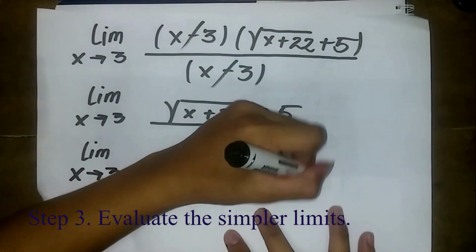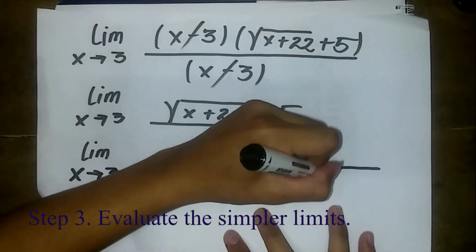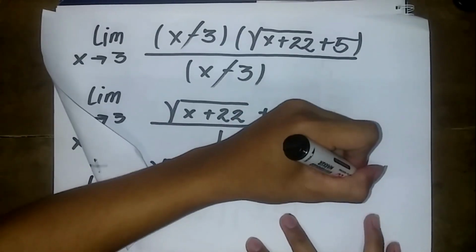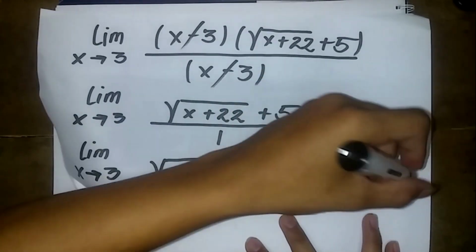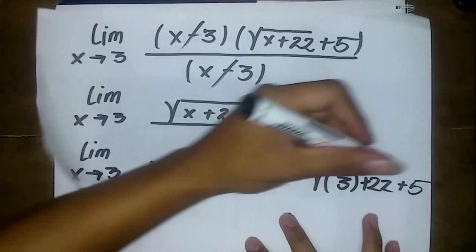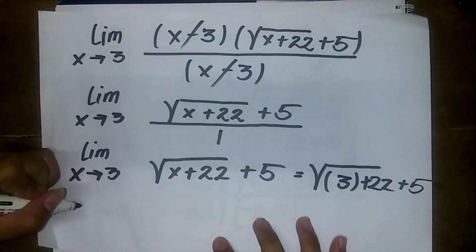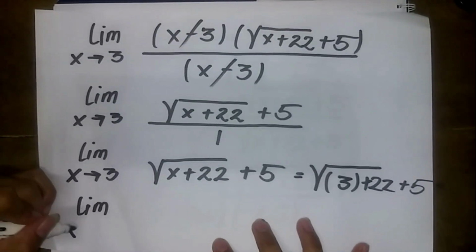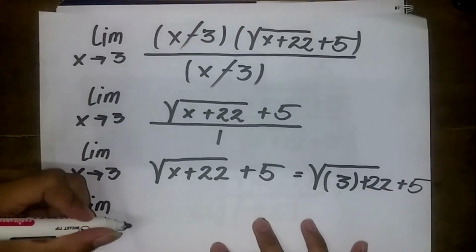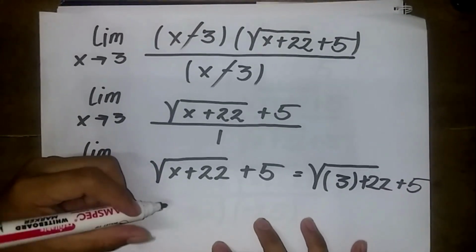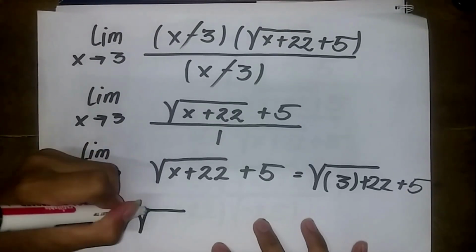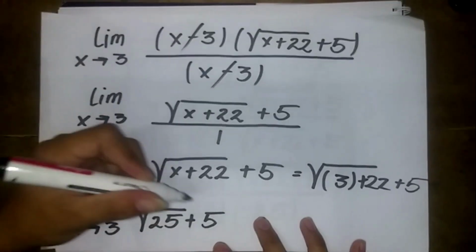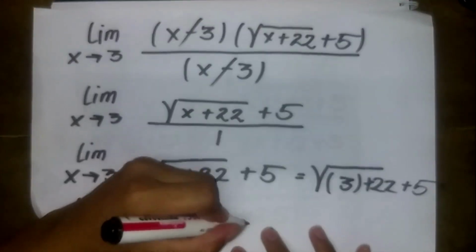Next is to simply evaluate. So we have the square root of x plus 22 plus 5. The square root of 3 plus 22 is equal to the square root of 25, or simply 5.